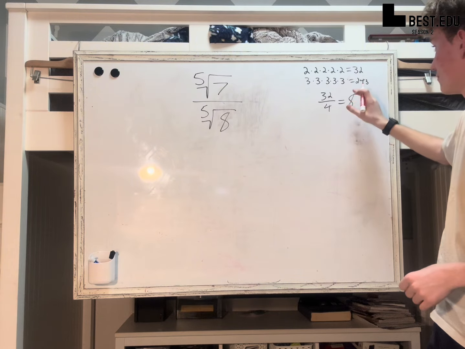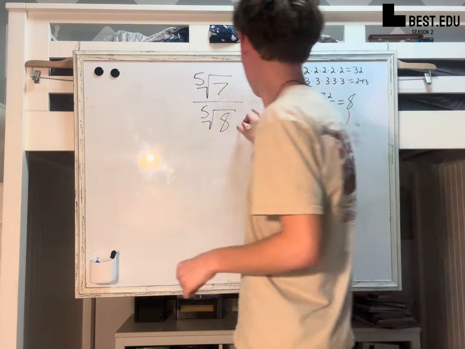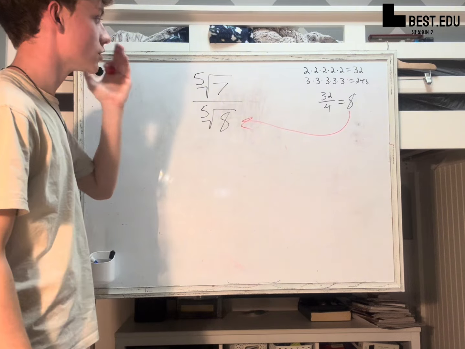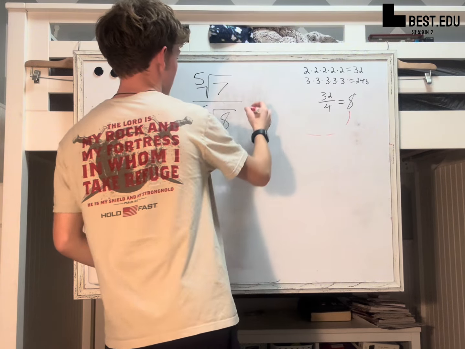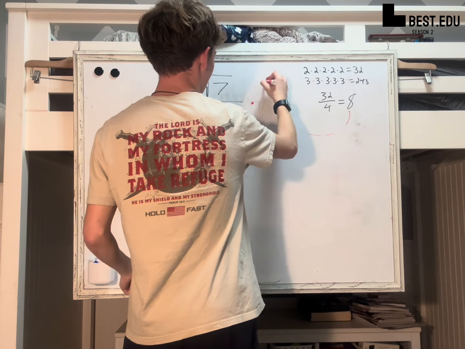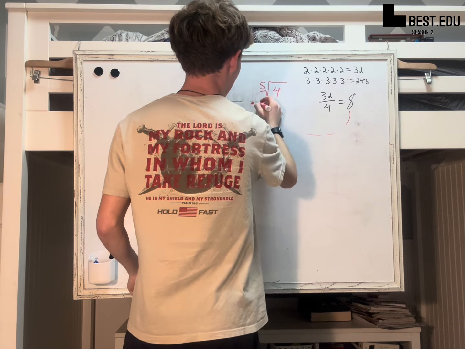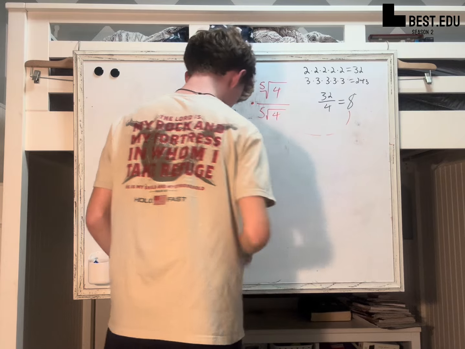Sorry. We're solving for our 8 here. And we've got our 8 here. So what we're going to do with our 4 here is multiply by the 5th root of 4 and the 5th root of 4.